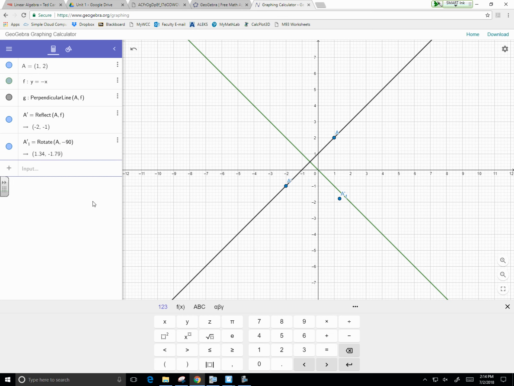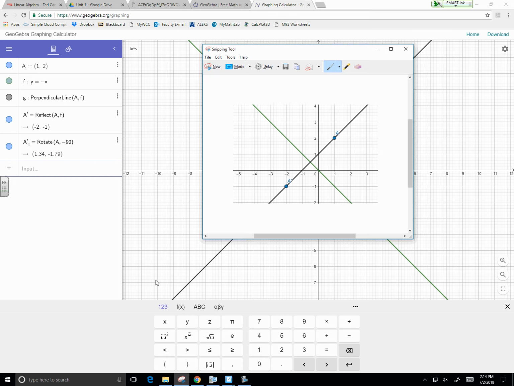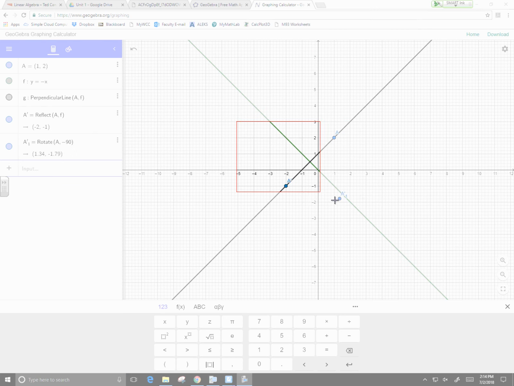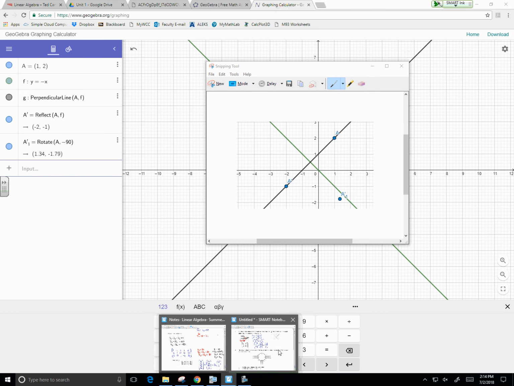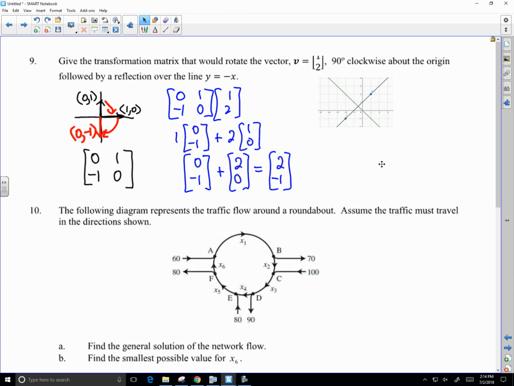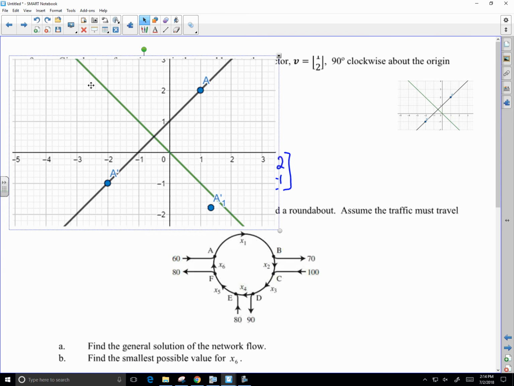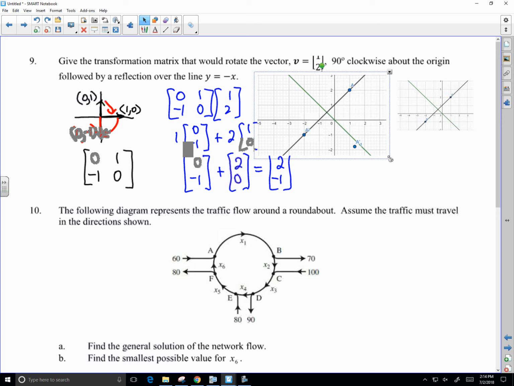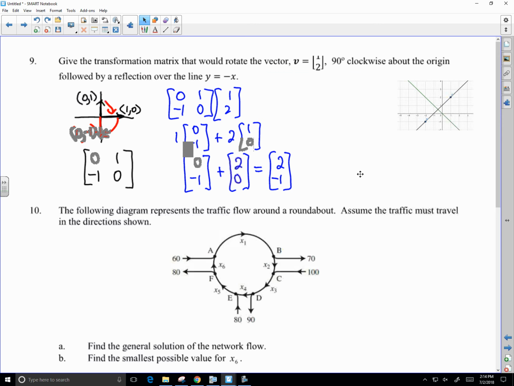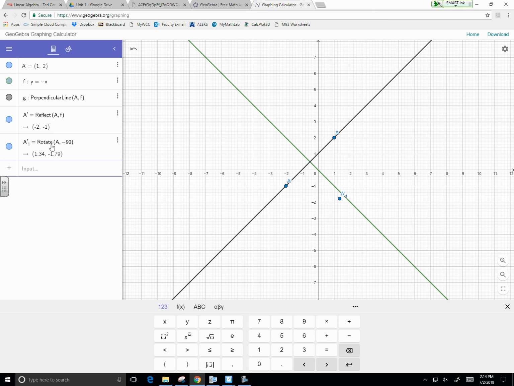It's weird. I don't know why 270 gave me that other point. Oh wait, the rotation's happening first.